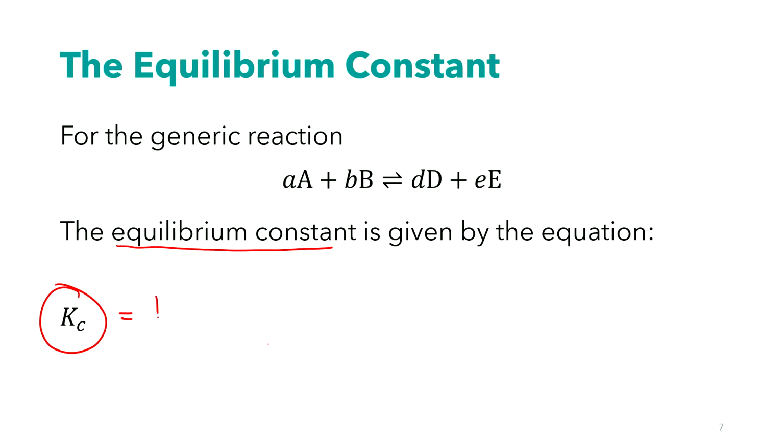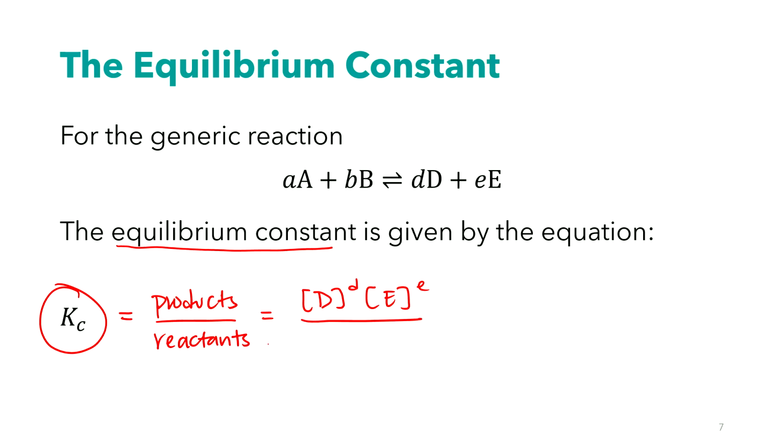So very loosely, it's products over reactants. I keep that phrase in my head when I need to decide how I'm going to write this out. But I'm going to have the concentration of D raised to d, E raised to e, over A to the a, and B to the b, where these are the coefficients.